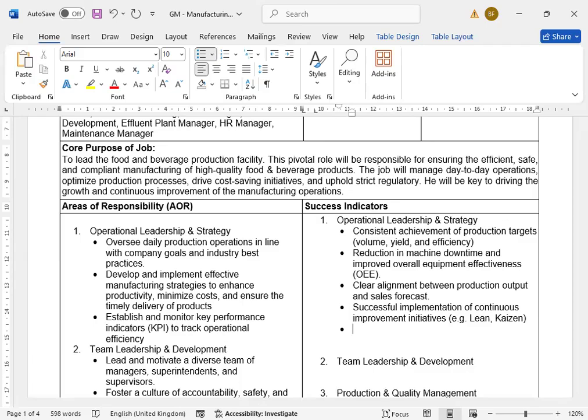Positive results from internal and external operational audits.